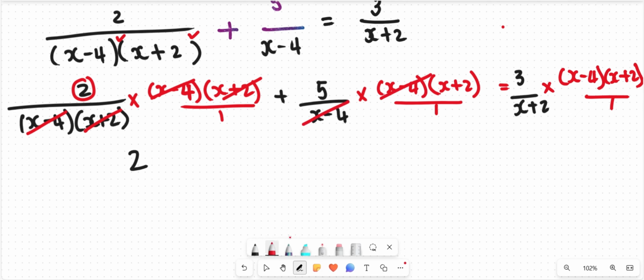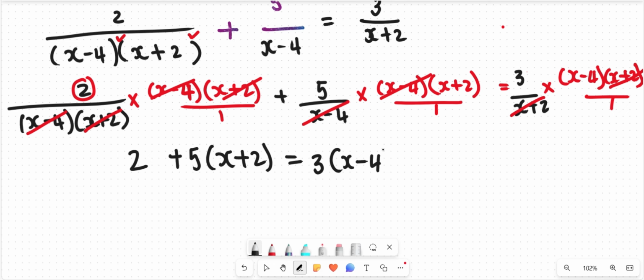The 5 will times with that bracket there. Please don't do this in one sum or one step. Separate it out like how I do. X minus 2, x plus 2, and the x plus 2, and the 3 will times with that bracket there. And this is what we have.